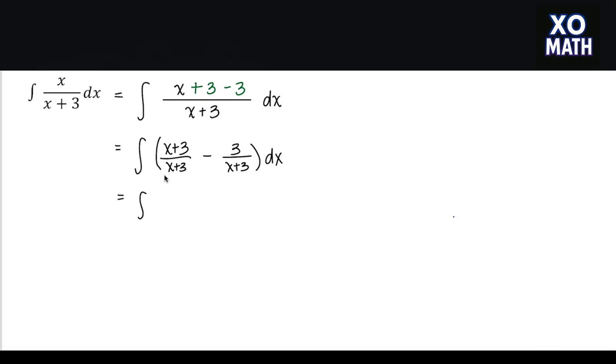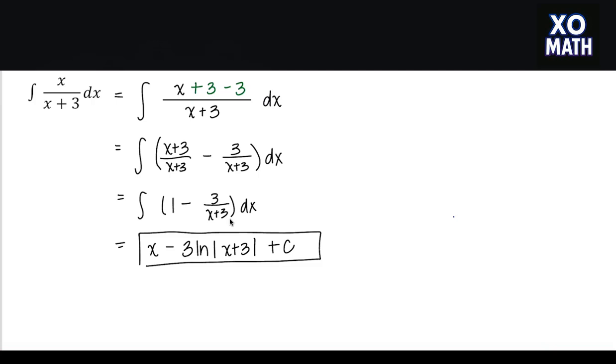So we're just integrating 1 minus 3 over the quantity x plus 3. Well, this is nice. The antiderivative of 1 is just x, and the antiderivative of 3 over the linear function x plus 3 becomes 3 natural log absolute value of x plus 3 plus c.